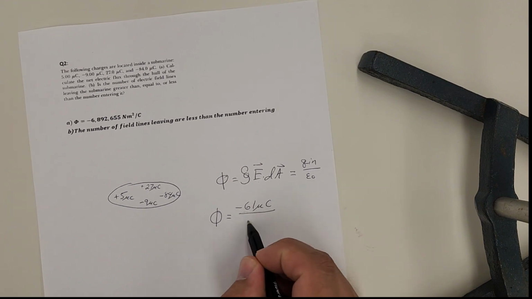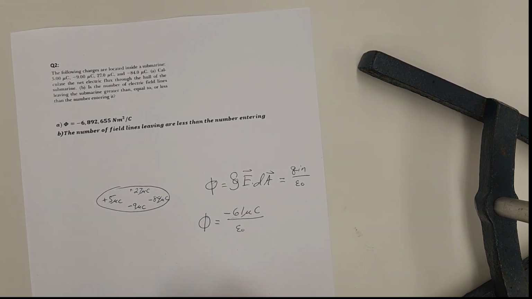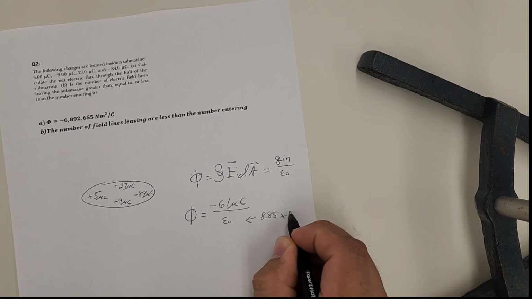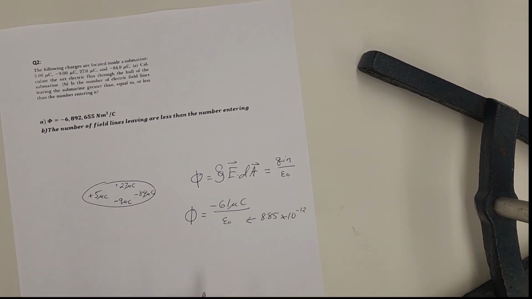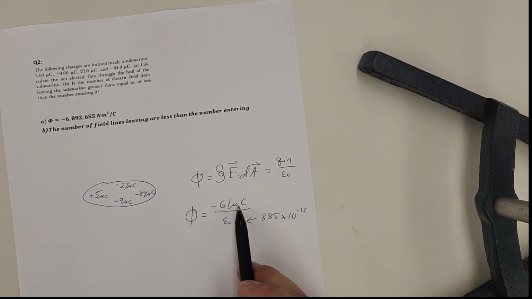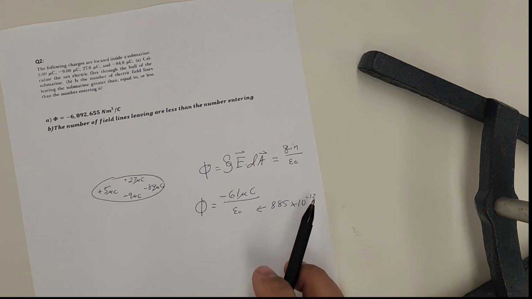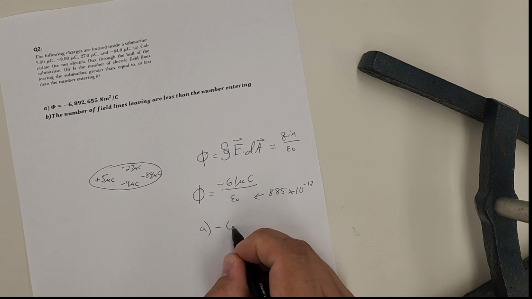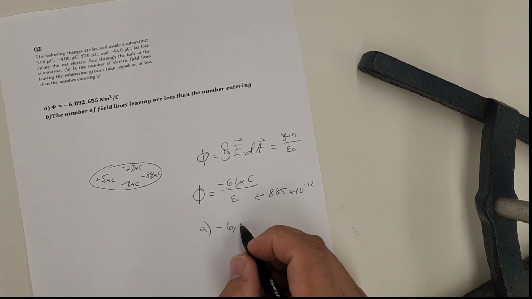That gets set over epsilon naught. Remember, epsilon naught is simply 8.85 times 10 to the negative 12th. So we have negative 61 times 10 to the negative 6th over 8.85 times 10 to the negative 12th. If we do that out, we should get around negative 6.9 million.